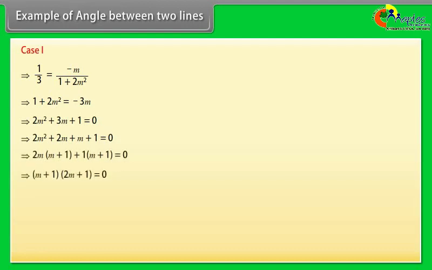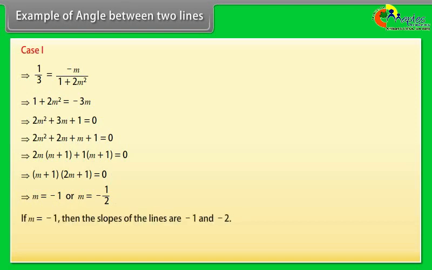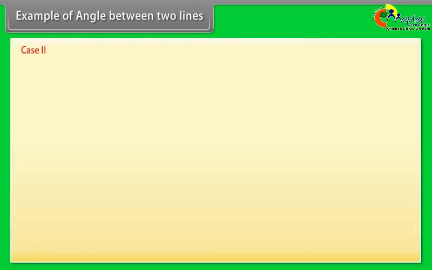On solving, we get m is equal to minus 1 or m is equal to minus 1 by 2. If m is equal to minus 1, then the slopes of the lines are minus 1 and minus 2. If m is equal to minus 1 by 2, then the slopes of the lines are minus 1 by 2 and minus 1.